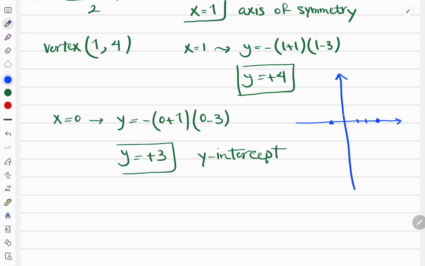The y-intercept is positive 3, 1, 2, 3, and the vertex is 1 and 4 here. So this is y equals negative x plus 1 times x minus 3.